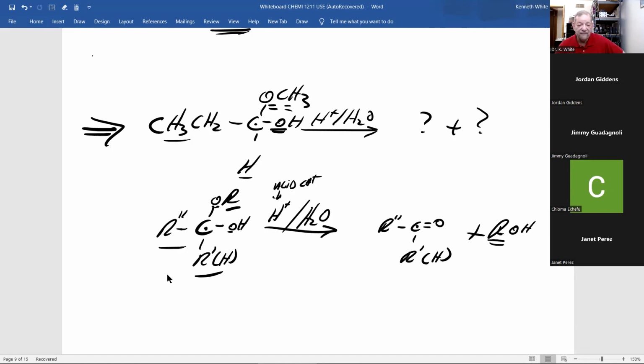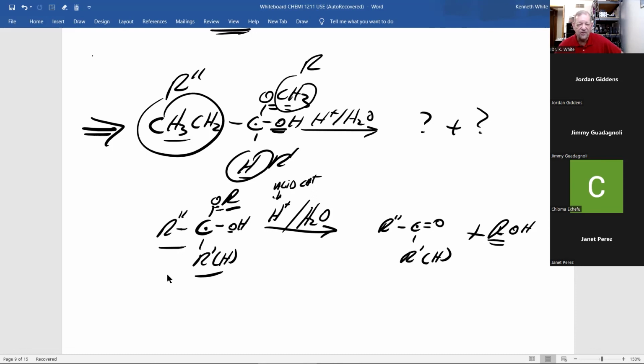And then this R group is on this oxygen, which becomes this alcohol. And now this is my R prime, R double prime, and on the oxygen up here, my R group. So now I'll say this carbon becomes this carbon, double bond oxygen. What's R prime? Hydrogen.